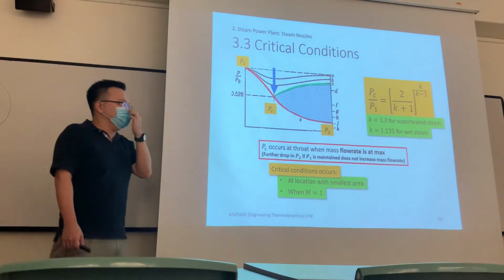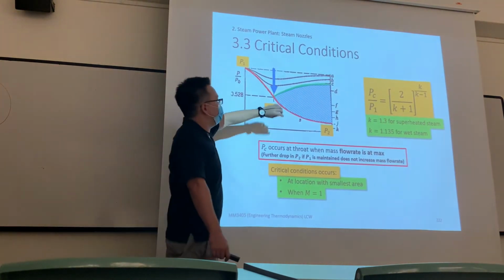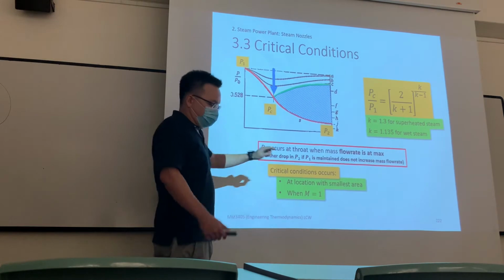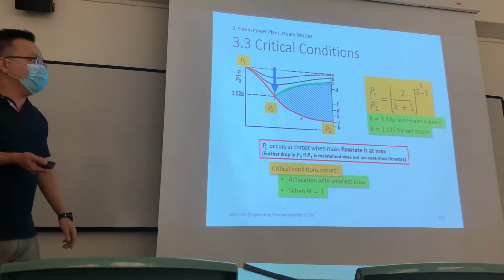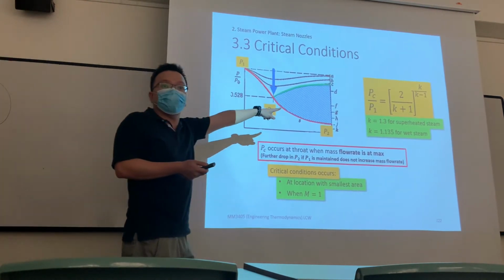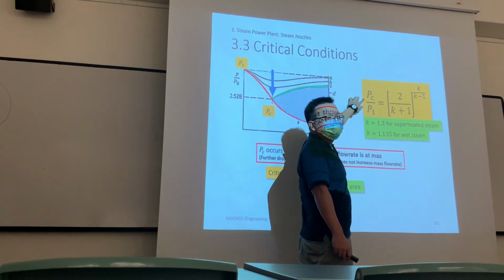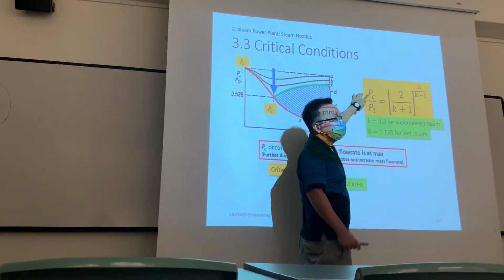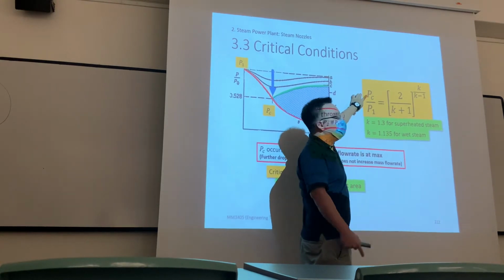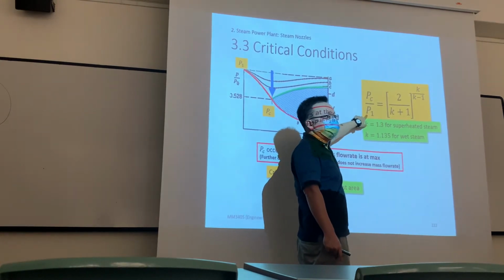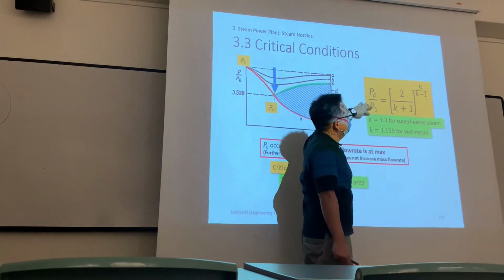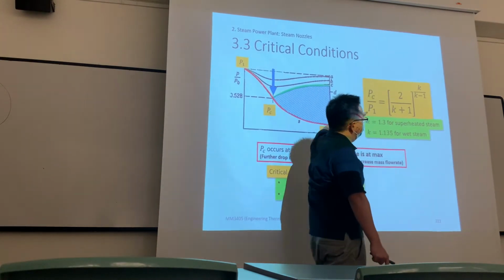That's the key part here. When we do the paper, here is always assumed Mach 1. Alright, so highlight it. So what is this ratio? Throat pressure over inlet pressure, equals this equation, where K is your steam index.